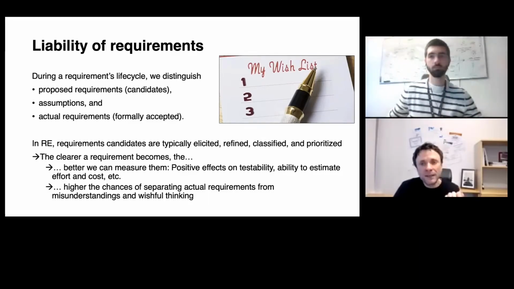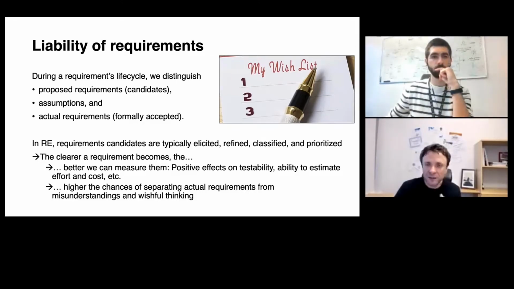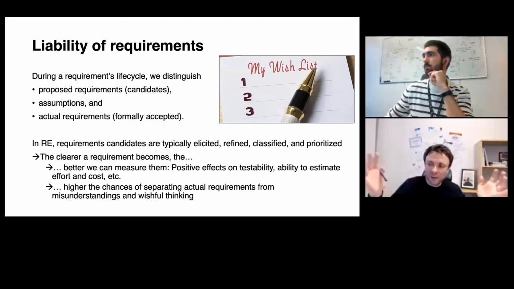Now, a requirement can be seen as an initial candidate. So, for example, after an elicitation workshop, it can be just an assumption. Imagine that you have a bunch of requirements and that you just see, even as a designer, there is some information missing. So I just assume that there's another requirement. Or it can be an actual requirement, as we say, that has been formally accepted by a stakeholder.